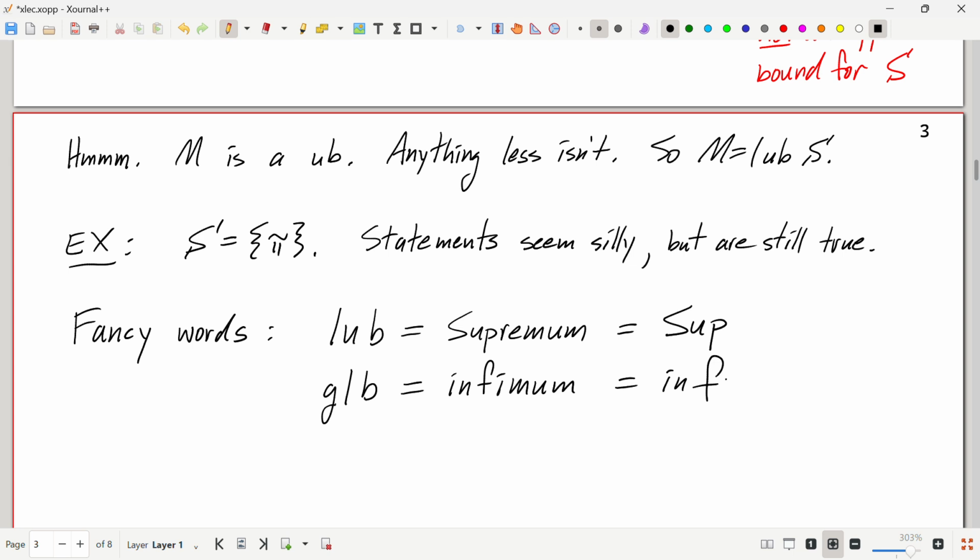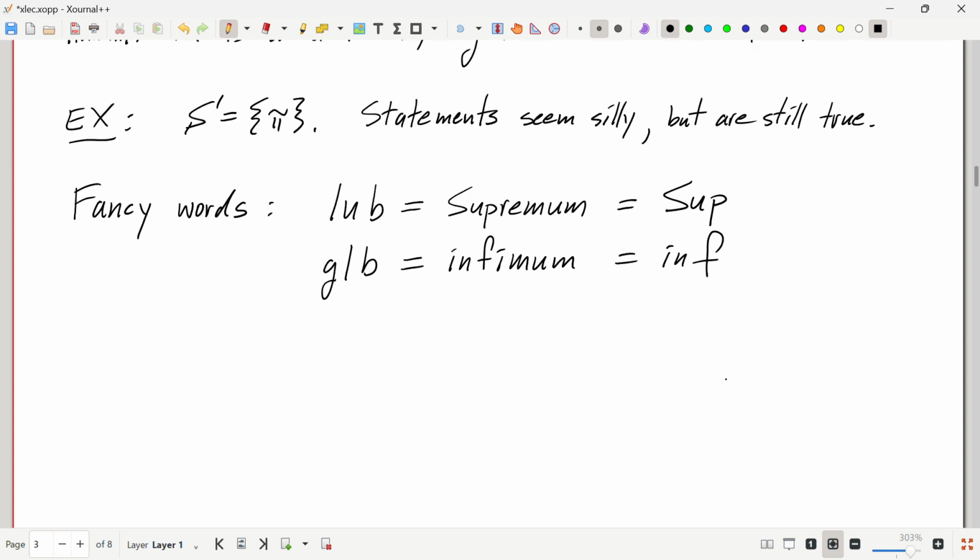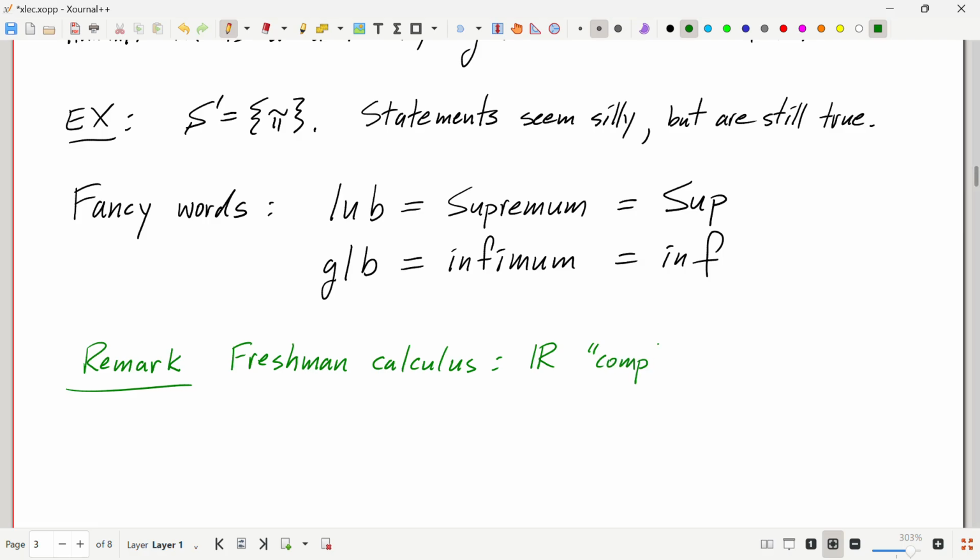Okay, I need to make a remark about the word completeness. In freshman calculus, somebody probably told you R complete means that every Cauchy sequence has a limit.